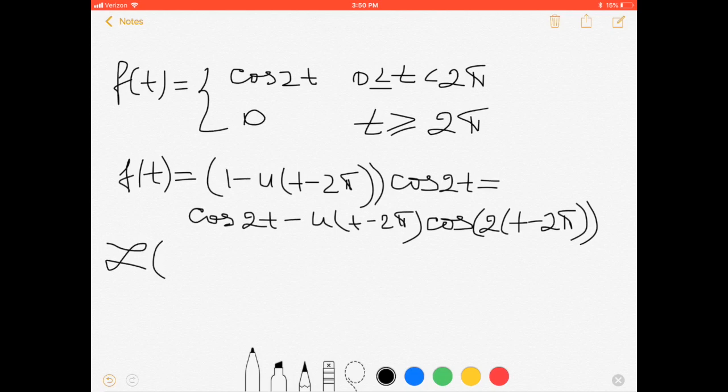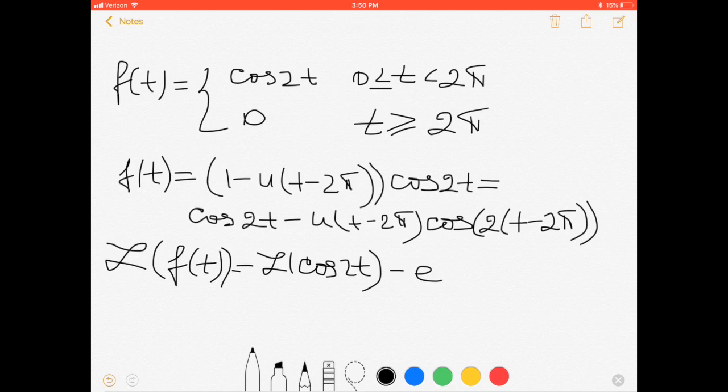What we have here: L of f(t) will be Laplace transformation of cosine 2t, which we did a lot of times before, and Laplace transformation for the product of unit step function and cosine. It gives me minus e to the negative 2 pi s, and Laplace transformation of cosine 2t minus 2 pi.